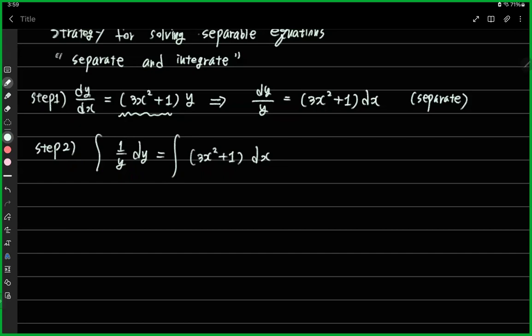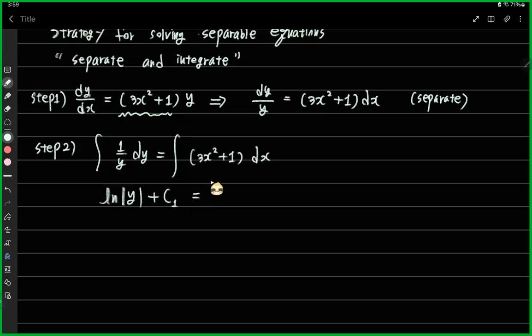Now on the left-hand side, what's the integral of 1 over y? It's the absolute value of y. Don't forget the absolute value. And then plus, this is an indefinite integral, so we get c, let me say c sub 1.